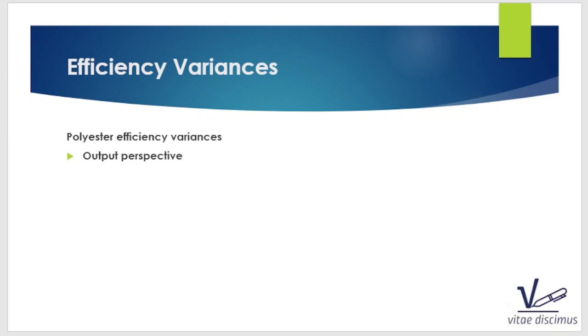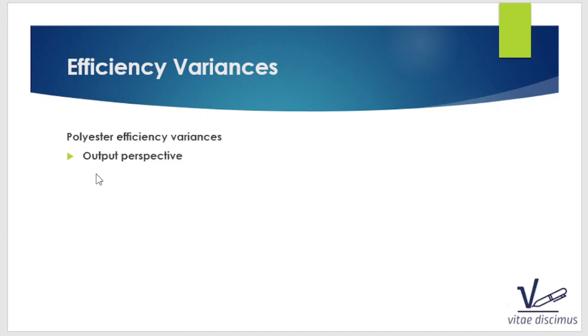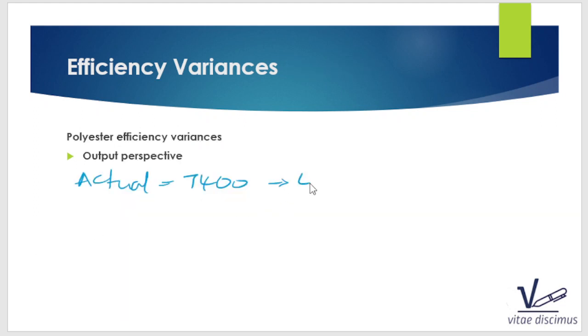We have said here that this company produced 7,400 t-shirts. 7,400 t-shirts were made, right, using what? Using 490 kilograms of polyester.